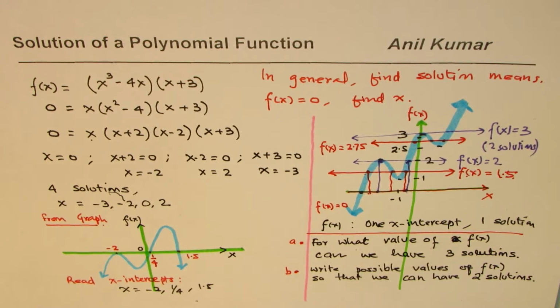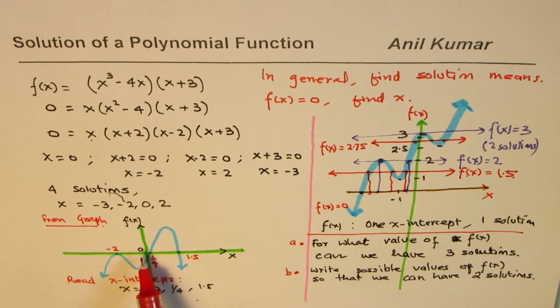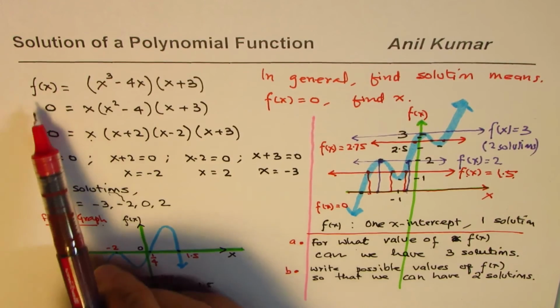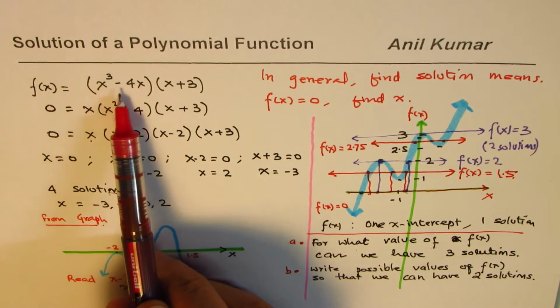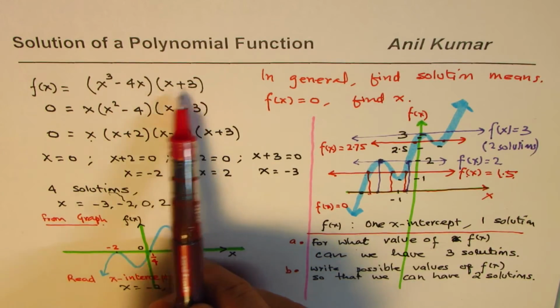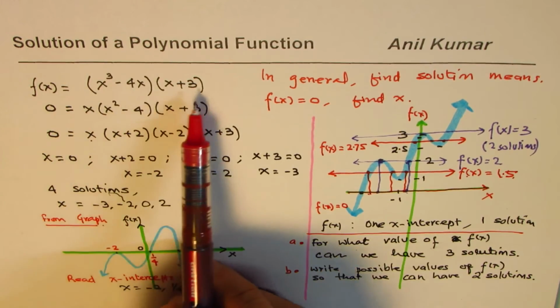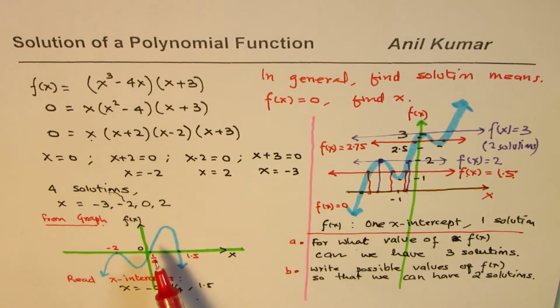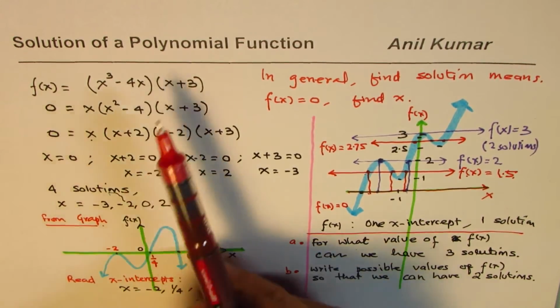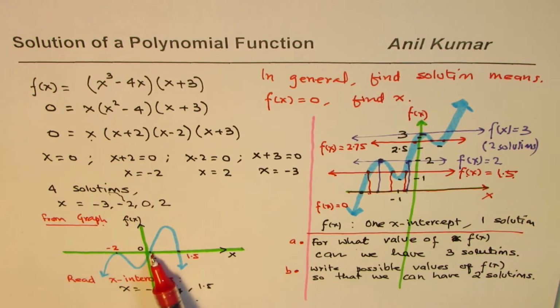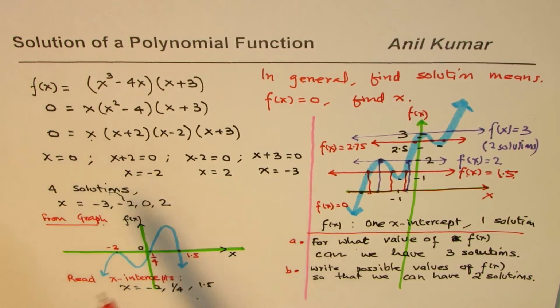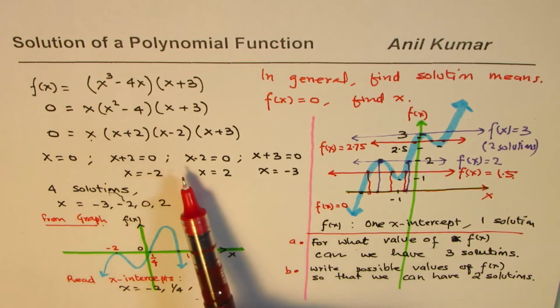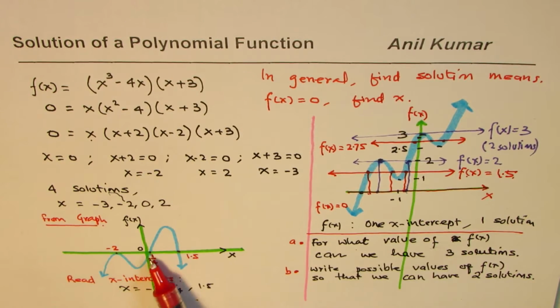Is it okay? Now, getting back to the original question where we started from, f of x equals x cubed minus 4x times x plus 3. When we say find the solutions of this equation, then we are saying find x-intercepts, assuming f of x equals 0. And clearly, we got 4 different solutions as shown here.